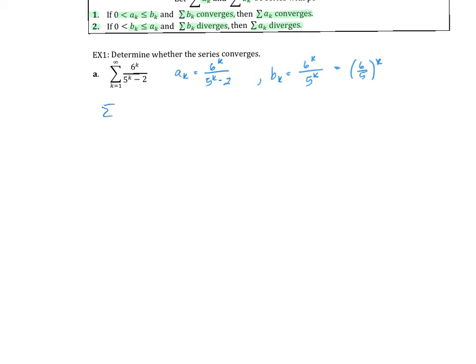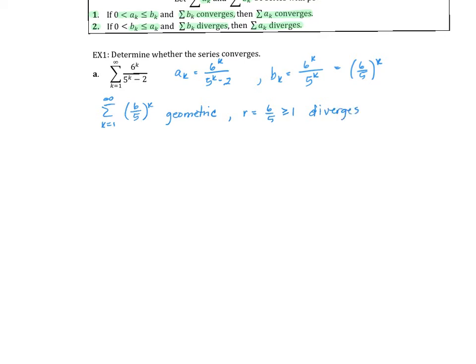So the series from k equal to 1 to infinity of this new series, 6 over 5 to the k, is geometric. So I found a similar series that I can easily determine whether it diverges or whether it converges. So notice here, r is 6 over 5, which is greater than or equal to 1. So this series diverges.